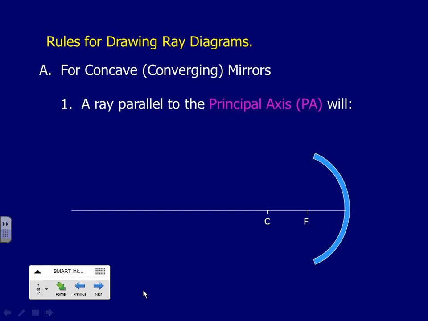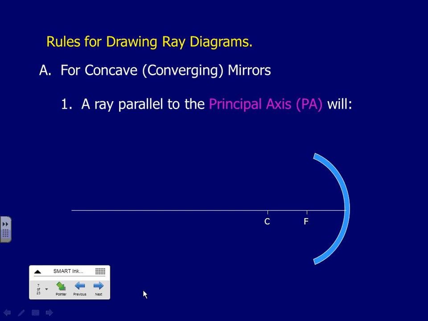Rule number 1, a ray that comes in parallel to the principal axis, so I'm going to use one of these nice lines here. So if I have a ray that comes in there, rule number 1, where's it going to go? Yep. It does go through F. Nice. So now I want to draw a line. I need 2 points for that line. 1 point is the point at which it strikes the mirror. So that's where my ruler goes.